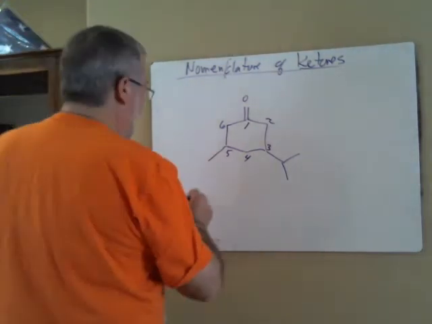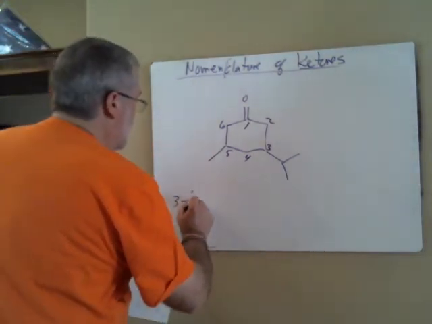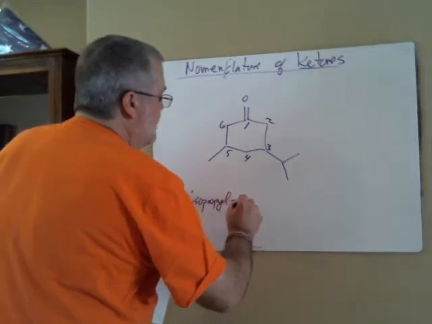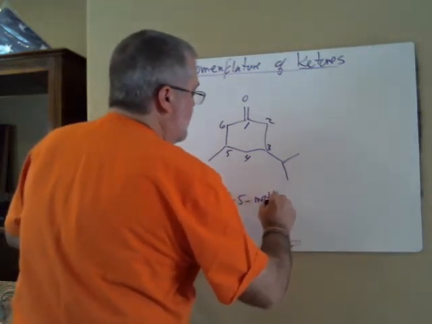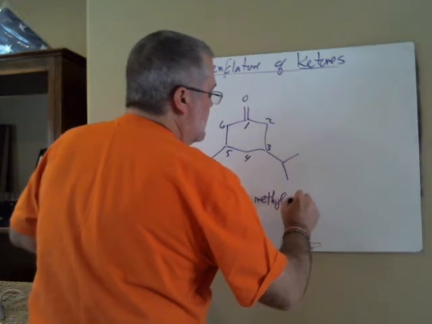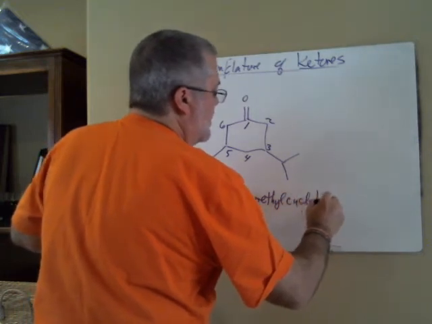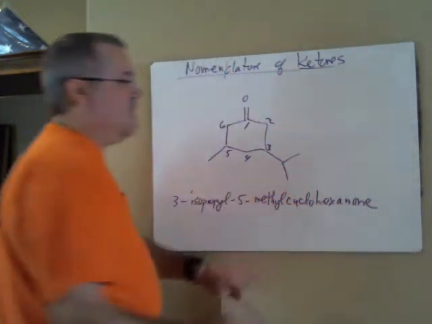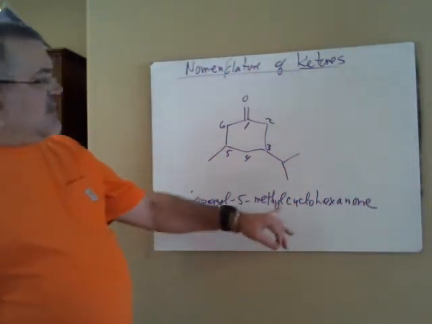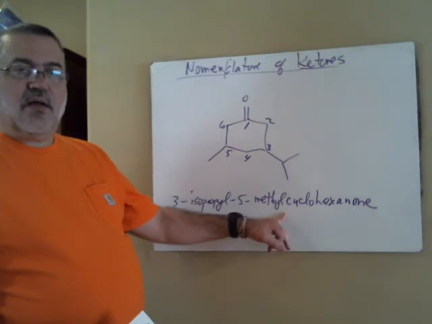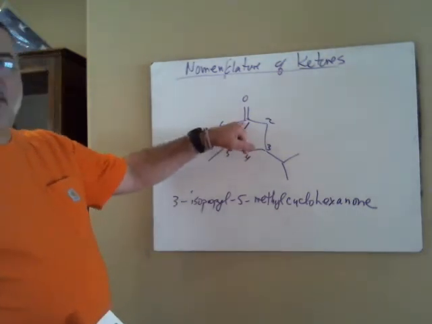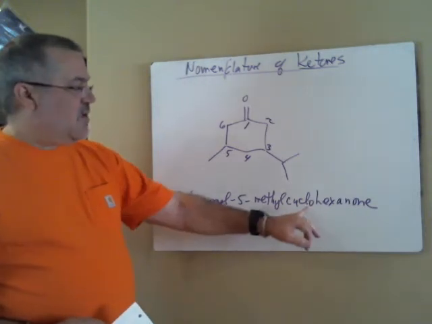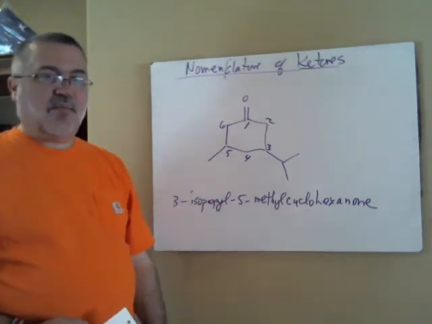Okay, and so therefore this is 3-isopropyl-5-methylcyclohexanone. Oh, I didn't have to put a 1 here. Why? Because we know the carbonyl in a ring has to be numbered 1. But if you wanted to put a 1 in there, you could. Okay?